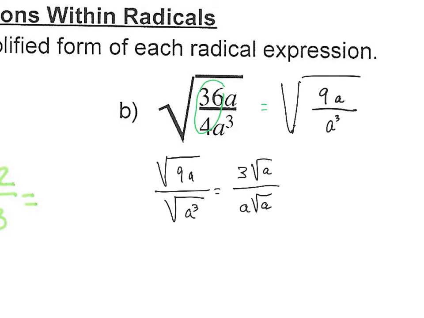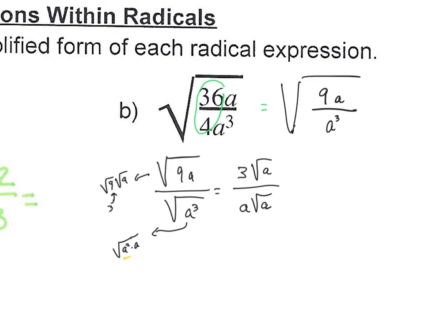And remember, this thing right here was the square root of a squared times the square root of a, and we were able to find that and bring it out, just like this one was the square root of 9 times the square root of a, and we were able to find the square root of 9 was 3, and we brought it out.